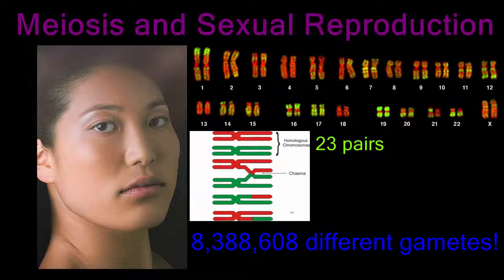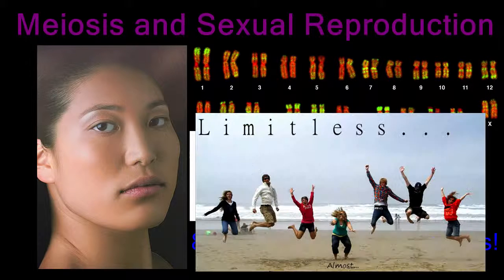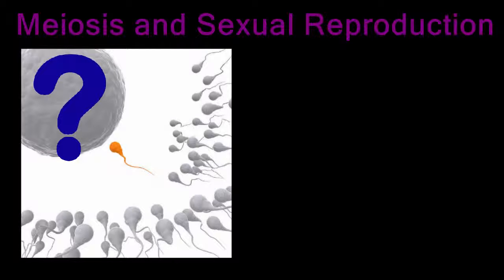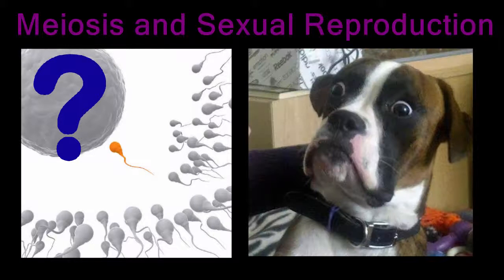Once you factor in the process of crossing over, the possibilities truly become limitless. While the genetic variation created in gametes is huge, when you consider the randomness of fertilization and which sperm will fertilize which egg, the variety of genetic combinations becomes mind-boggling.